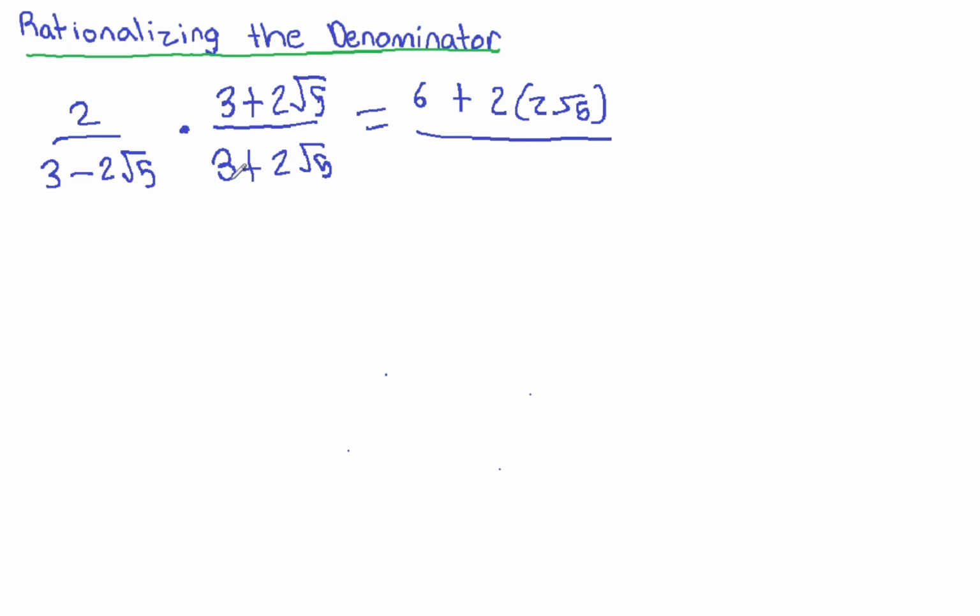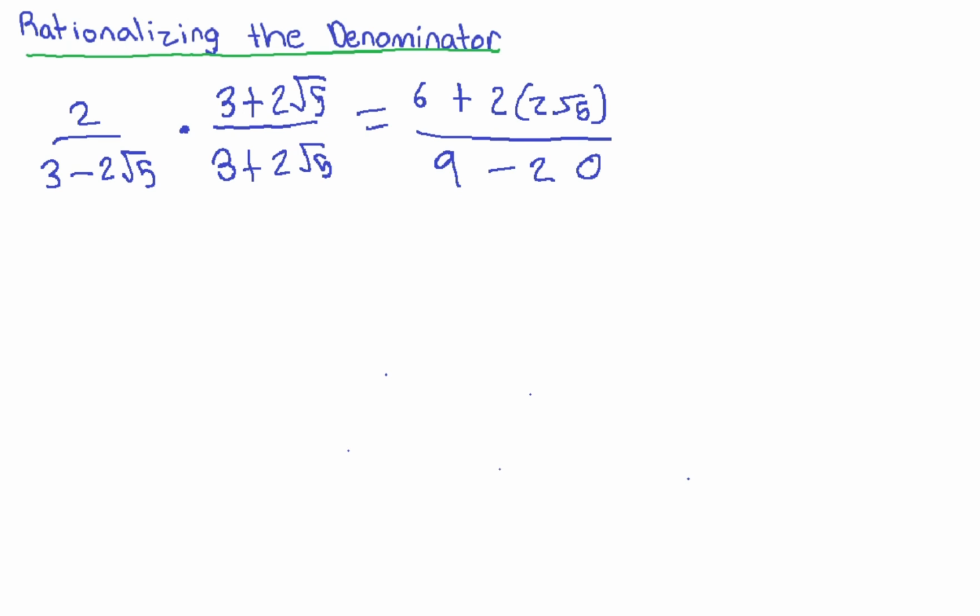So you do 3 times 3, so you get 9. And then you multiply the 2 and the 2, so it's 4. And then 4 times 5, because if you multiply root 5 by root 5, you're just left with 5. So 4 times 5 is 20, so you do minus 20.